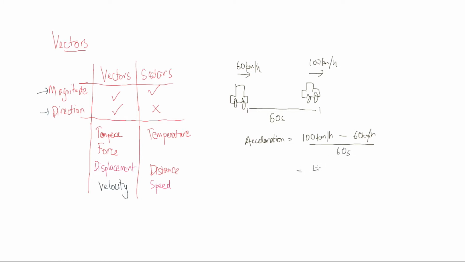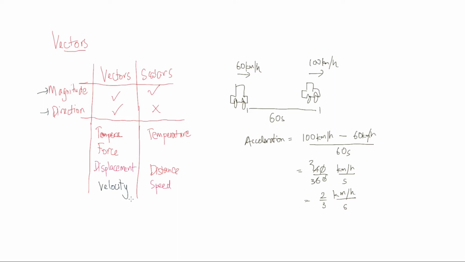So you get 40 over 60 kilometers per hour on top and seconds at the bottom, which gives me 2/3. So this is telling me that every second the car's velocity is increasing by 2/3 kilometers per hour, so that after 60 seconds it would have gone up by 40 kilometers per hour, and if I add that to the initial 60 kilometers per hour, I find that the car is now moving at 100 kilometers per hour.